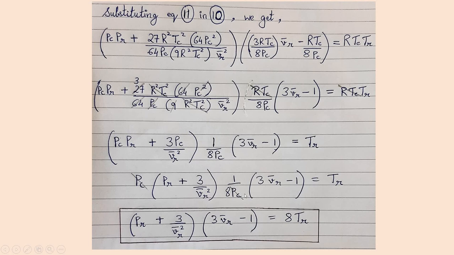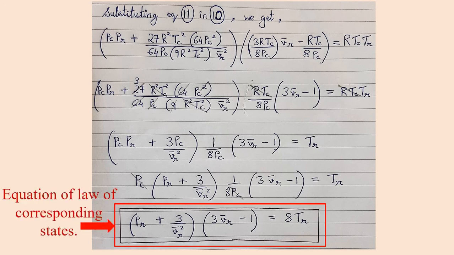Next I took this 8 to the right hand side, which gives me the following formula: reduced pressure plus 3 upon VR square, that is the reduced volume, into 3 times reduced volume minus 1, which gives me 8 times reduced temperature. And this is the equation of the law of corresponding states.